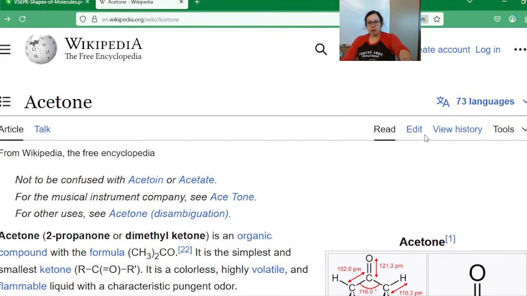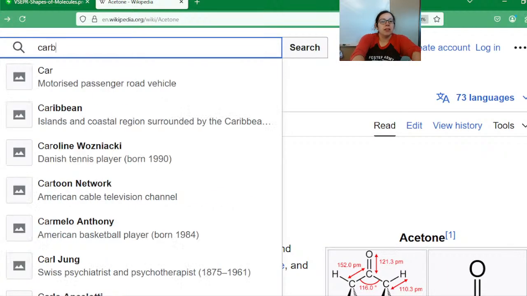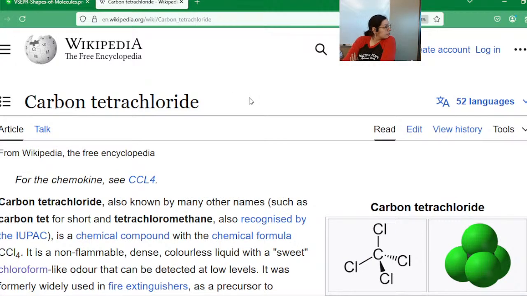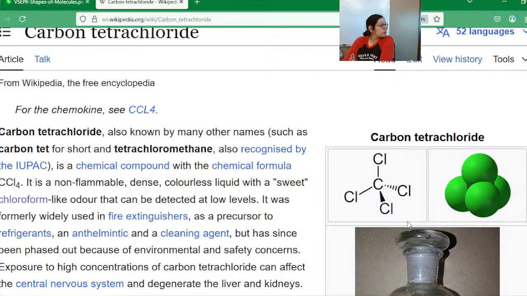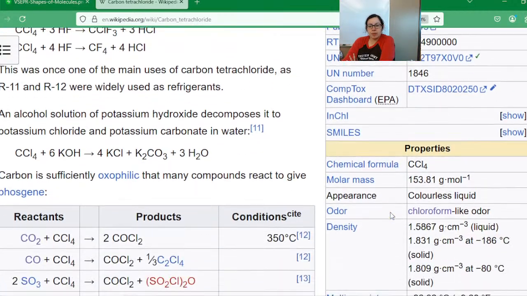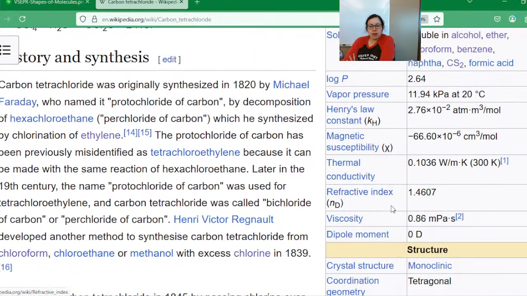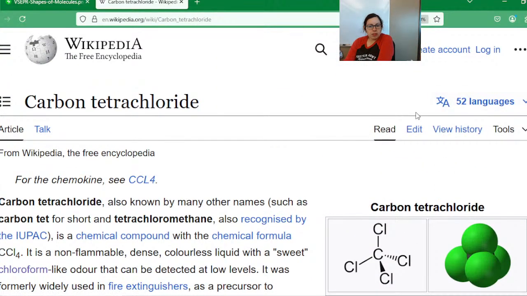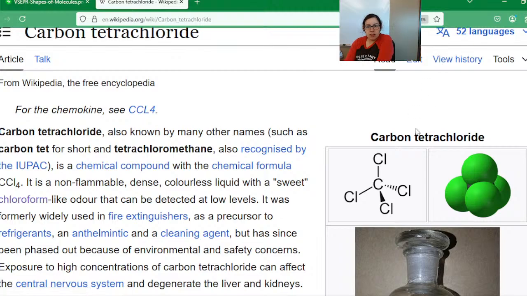Let's look up carbon tetrachloride. We scroll down to its dipole moment, and it's 0. That tells you that it's very nonpolar, and that's a nice checkpoint.